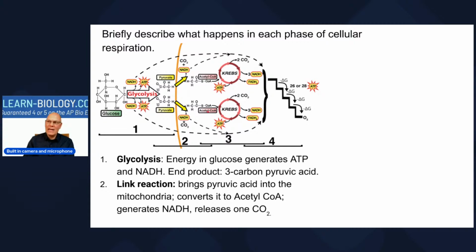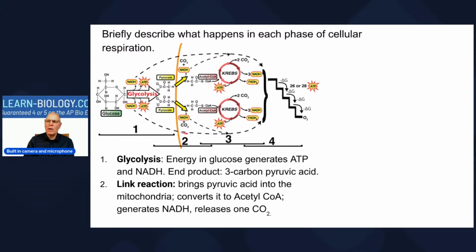Acetyl-CoA is yet another highly energetic molecule that's going to feed its energy into the Krebs cycle, but we'll talk about that in a moment. But along the way, that conversion of pyruvate to acetyl-CoA generates NADH, again, an electron carrier that will be shuttled into the electron transport chain.